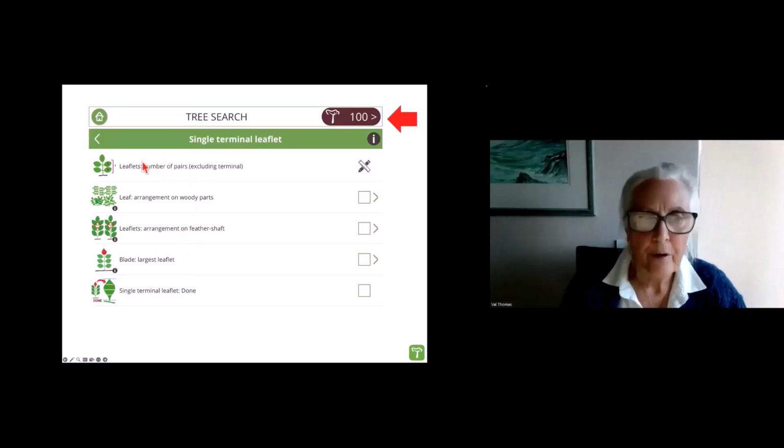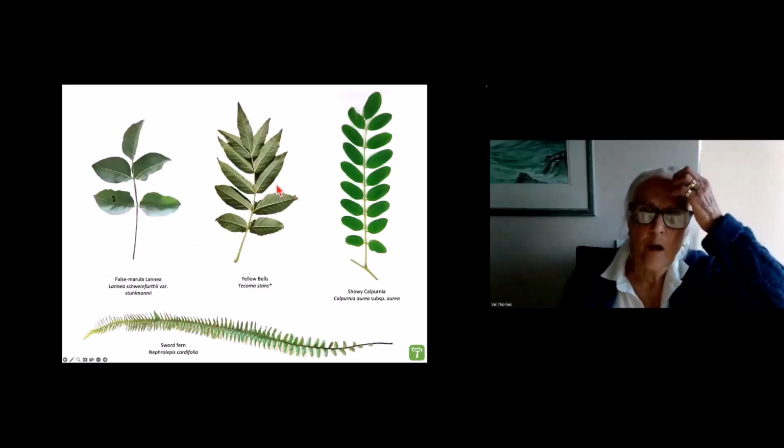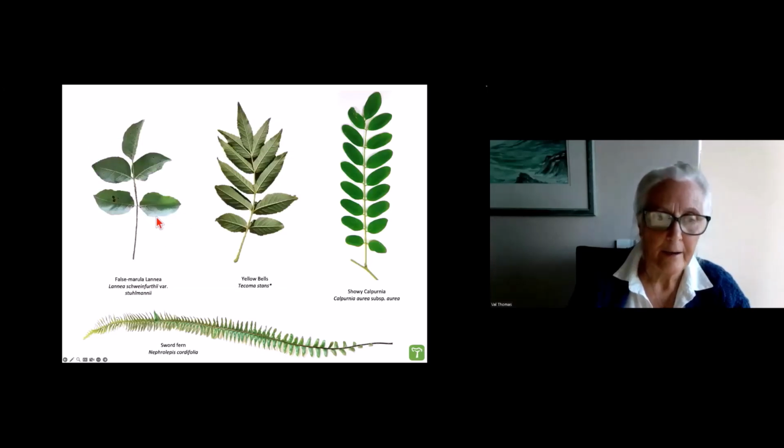This one at the top, the leaflets, the number of pairs, excluding the terminal. So this here would be 2 pairs. That will give you the most dramatic change. Let's just look at a few examples before we actually enter anything. Here's a false Marula, Lannea schweinfurthii. And you can see that's got 2 pairs, excluding the terminal.